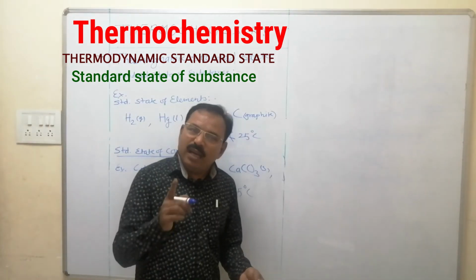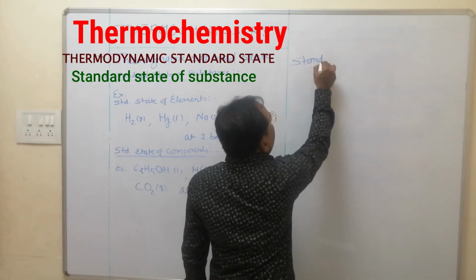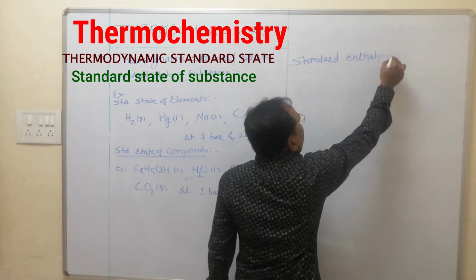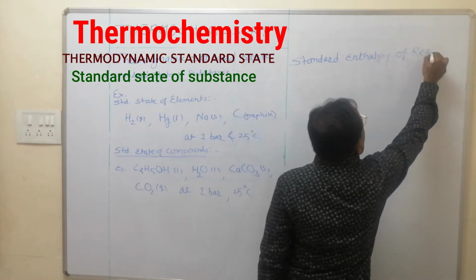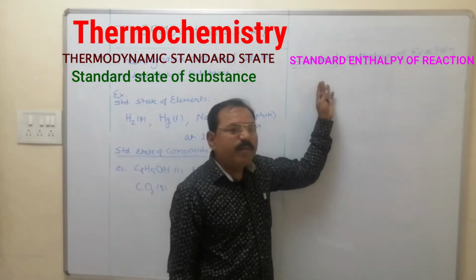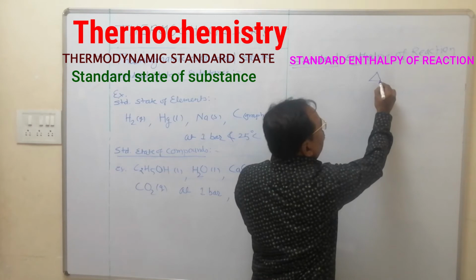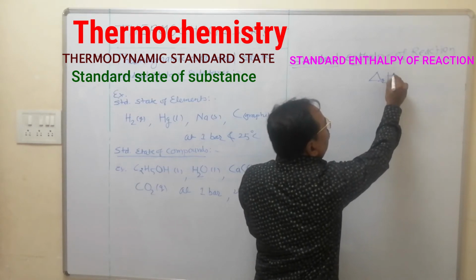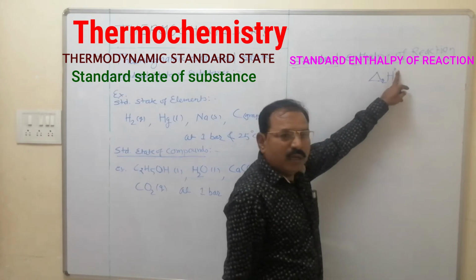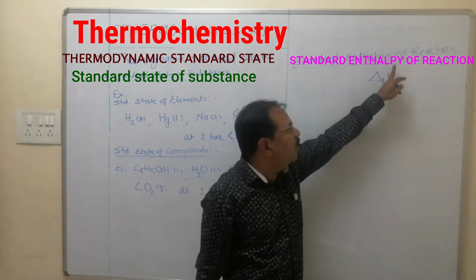Now, standard enthalpy of reaction. Standard enthalpy of reaction is denoted by delta r H naught, or delta r H 0.